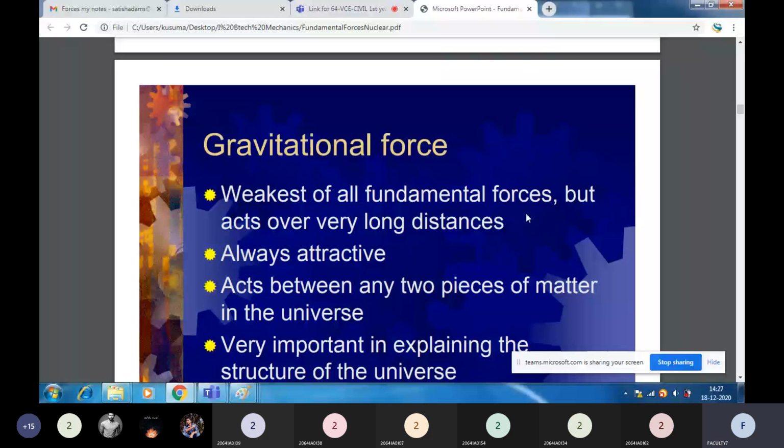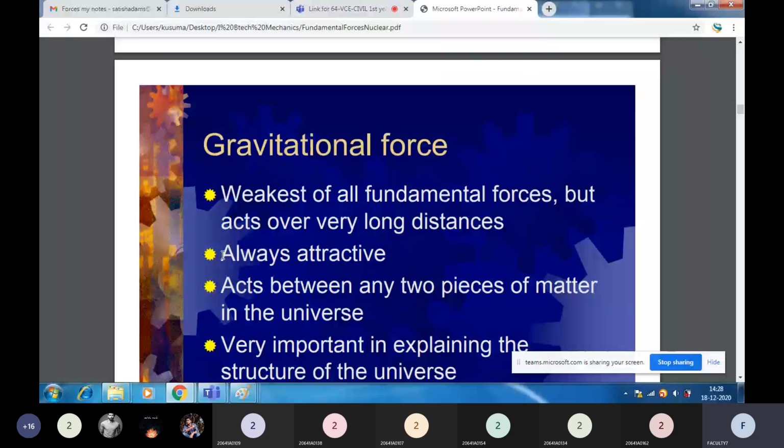Now, this gravitational force acts between any two pieces of matter, any two objects in the universe. This gravitational force will always be attractive. Suppose you throw a stone into the air, what happens?